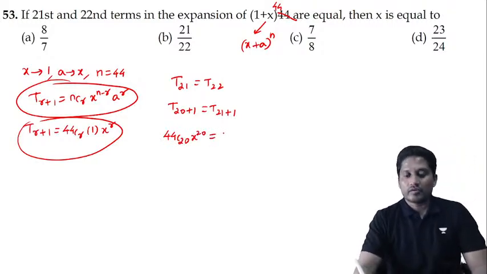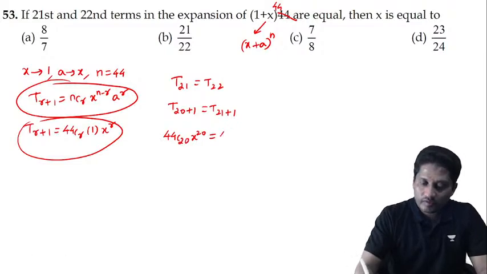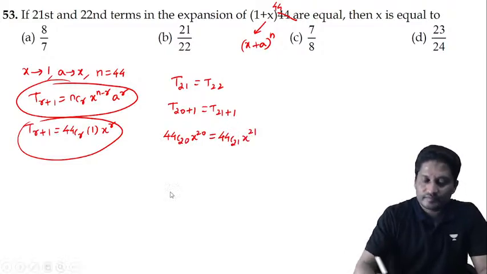And T(21+1) will be equal to 44C21 x to the power of 21.